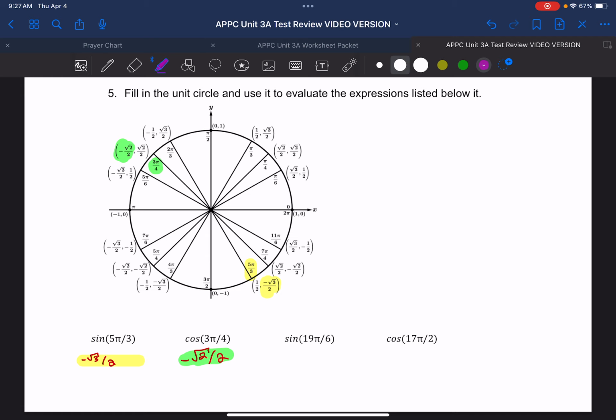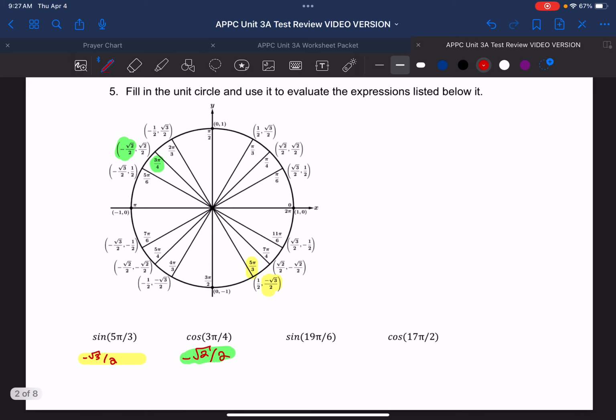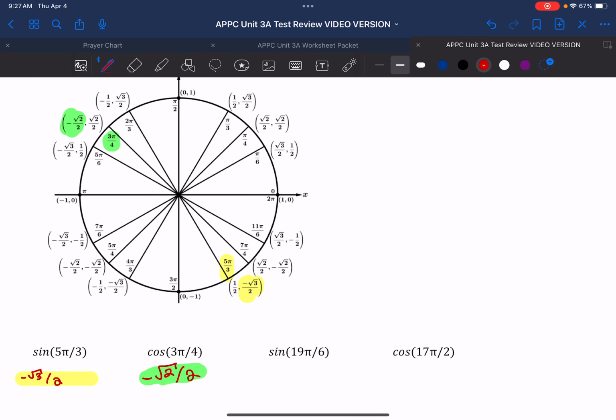And then sine of 19 pi over 6. Okay, there are 2 ways you can do this. So you can count by the pi over 6s until you get to 19. Remember, all of these that I'm highlighting are the different 6s, right? Like my 6, 3, 2s, and then my different corners are all of my pi over 6s.